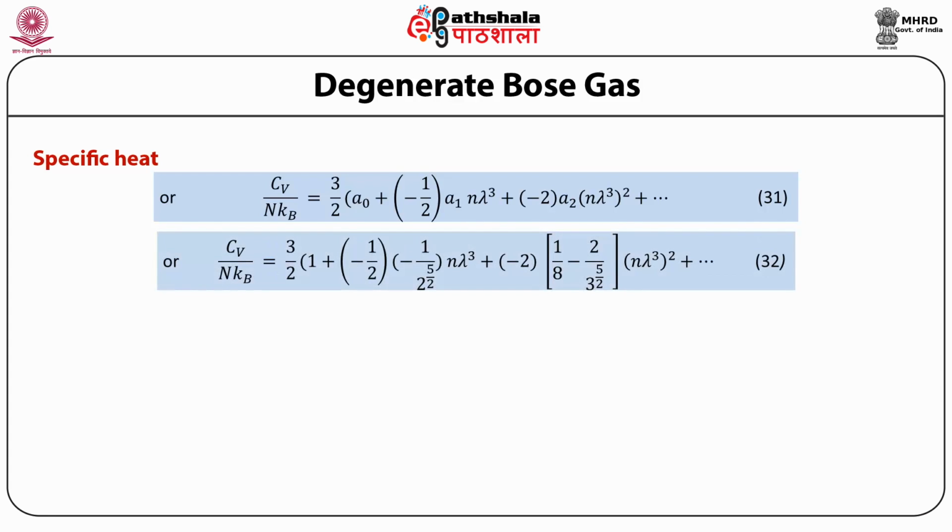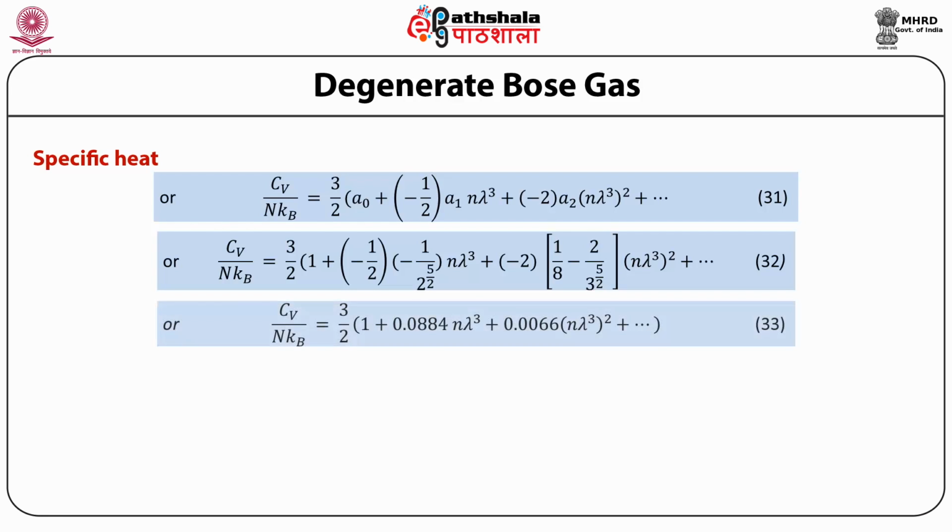or is equal to 3/2 multiplied by 1 plus minus 1/2 multiplied by minus 1 upon 2 raised to power 5/2 n lambda cubed plus minus 2 multiplied by (1/8 minus 2 upon 3 raised to power 5/2) multiplied by (n lambda cubed) raised to power 2 plus so on, where we have substituted the values of A0, A1 and A2.